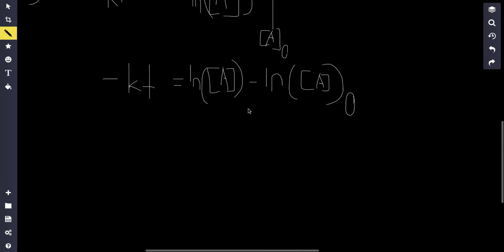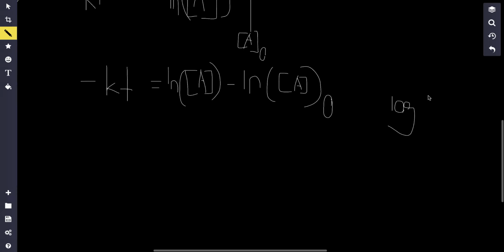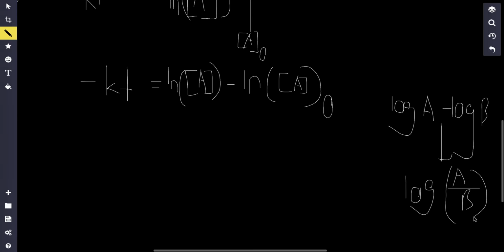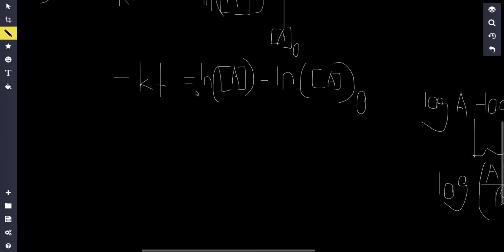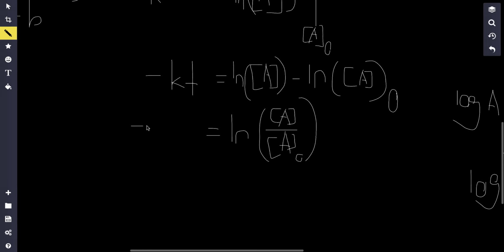Using logarithm properties, log of A minus log of B is equal to log of A divided by B. You can smash these two logarithms together because they have the same base. So because both of these are ln, I can rewrite this as ln of the concentration of A divided by the concentration initially. That's going to be equal to negative kt.